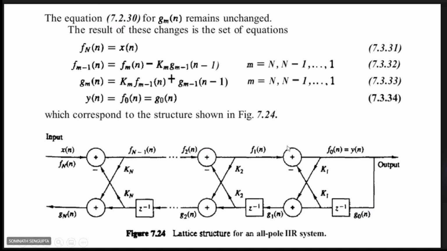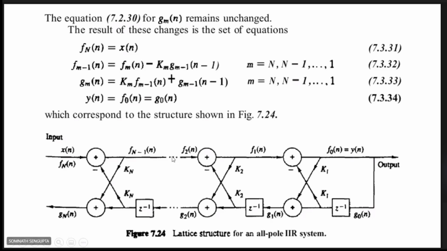So once we get the outputs f_1(n) and g_1(n) from the next stage, from the last stage, they are again fed back to the input side and multiplied with the next stage coefficient k_2.